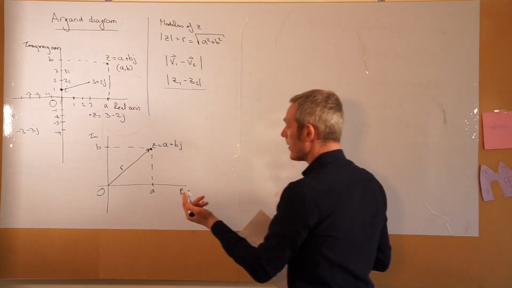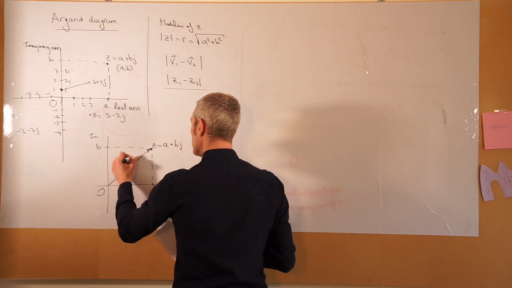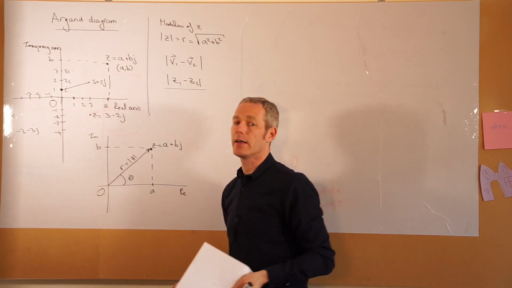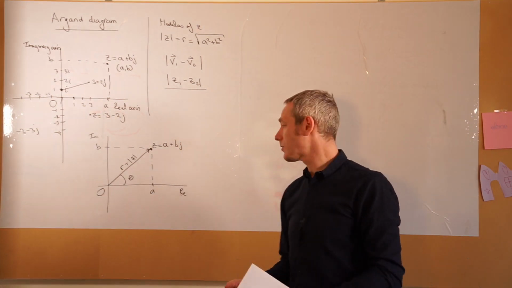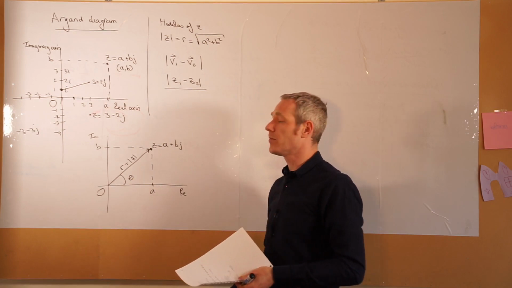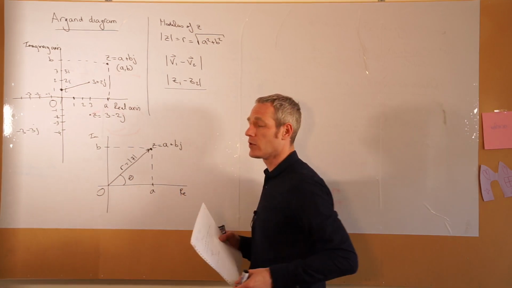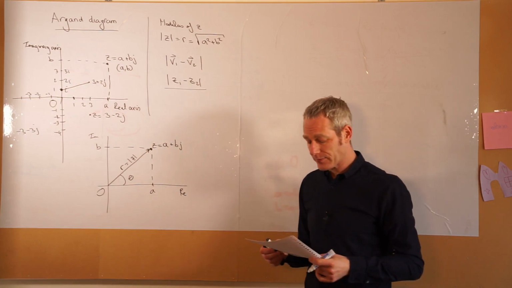Now, besides having a modulus, a vector also had an argument, theta, which was the angle with respect to the positive horizontal axis, which is not the positive x-axis now, but is our positive real axis.